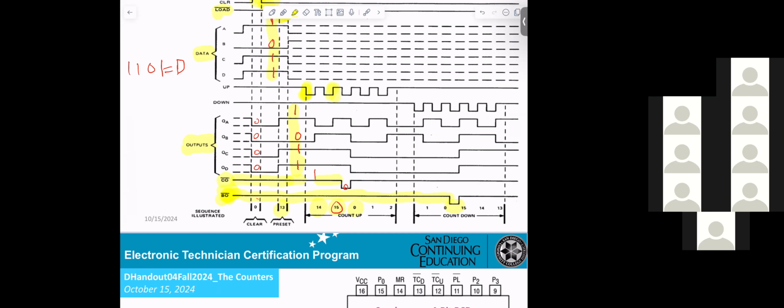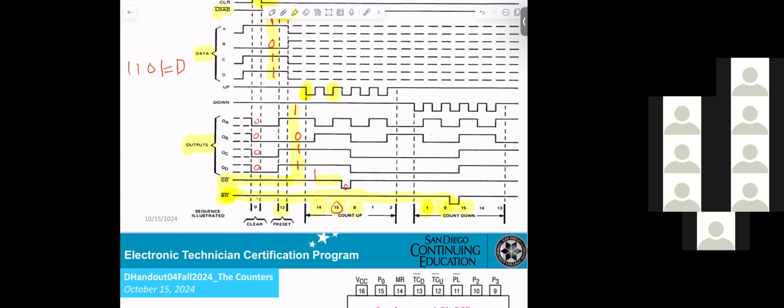Yes, that means this is counting down. If you are currently at 1 and you apply the clock, it goes to 0. And after 0, it goes back to 15.